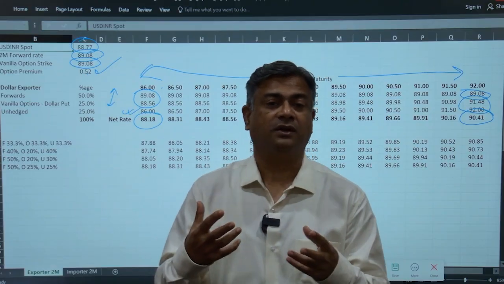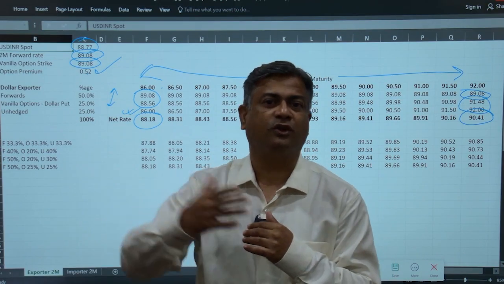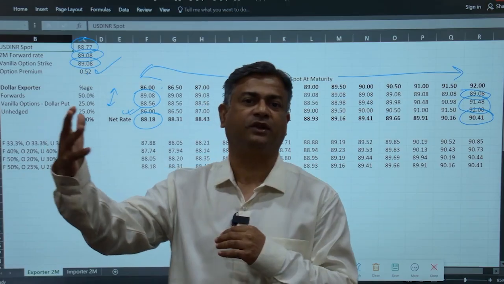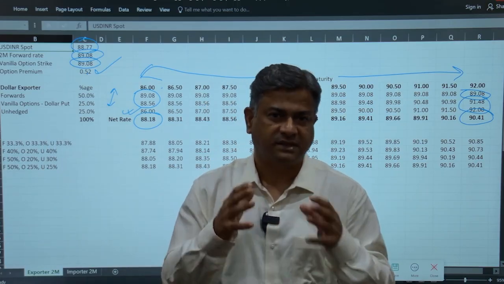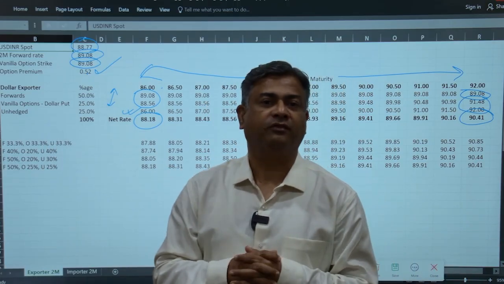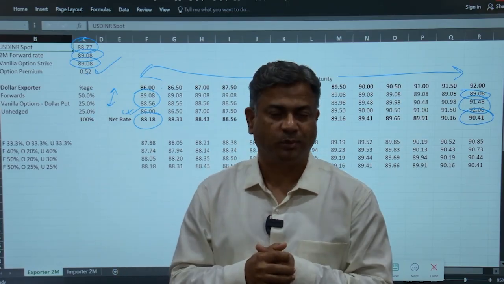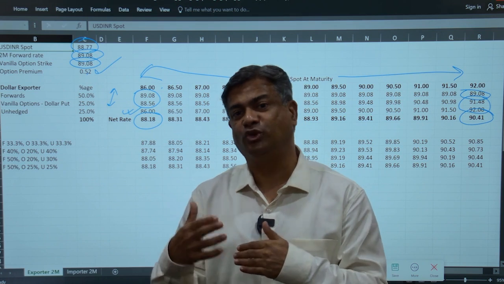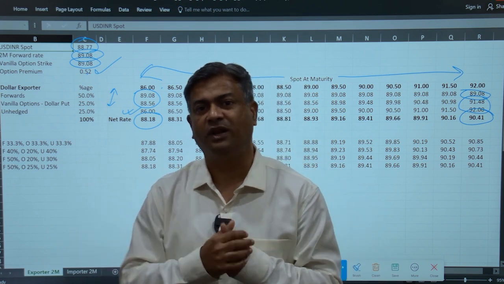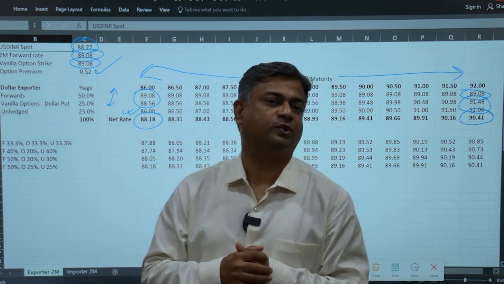But if you want a larger percentage of options where you want to participate in favorable movements but at the same time protect in unfavorable movements, you can have a larger proportion of vanilla options. But remember, that will tend to increase your option premium as well. The overall hedge cost will also go higher.